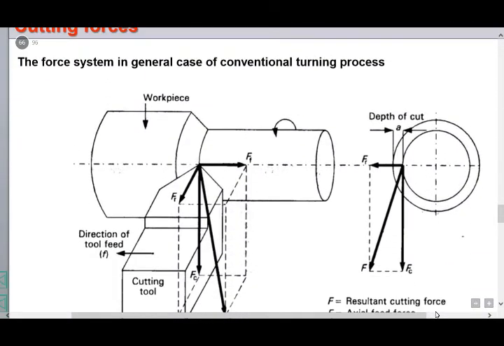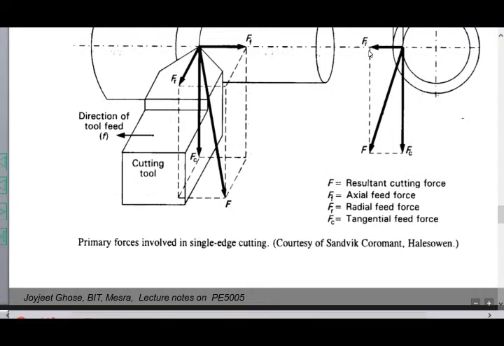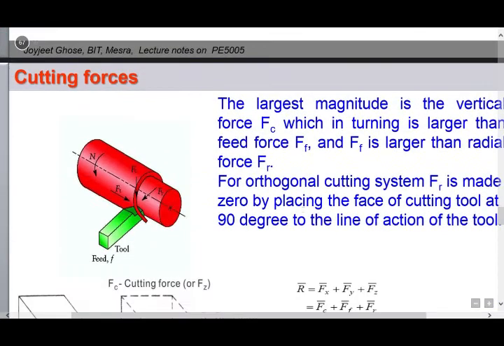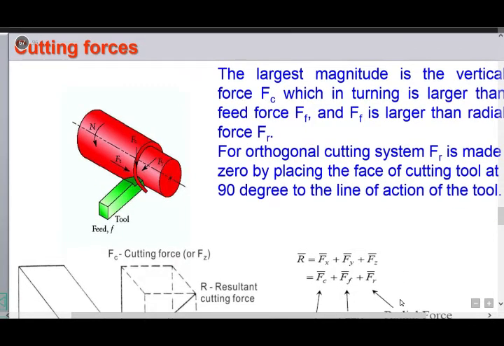Next, cutting forces in orthogonal cutting. Already you know that this is the orthogonal cutting process. Fr is the radial force, Ff is the axial feed force, and Fc is the tangential force. The largest magnitude is the vertical cutting force Fc, which is larger than the feed force and radial force.